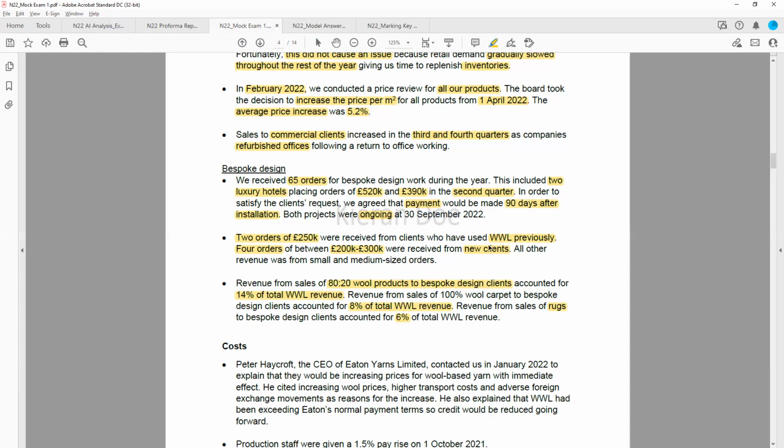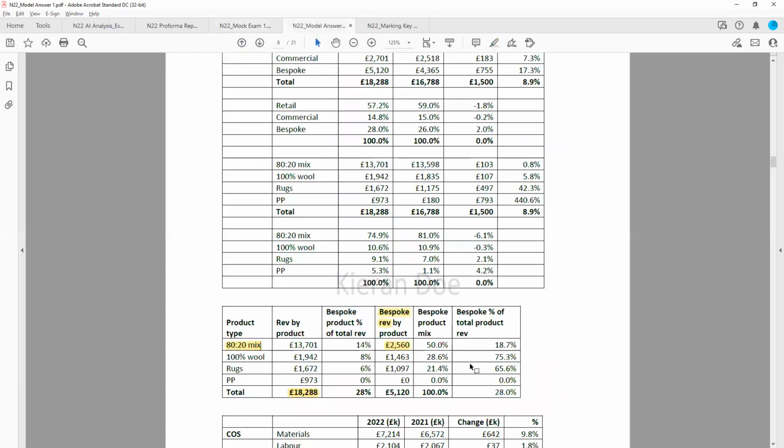And then we can do the same thing for wool. So sales of 100% wool to bespoke design clients accounted for 8% of total WWL revenue. So let's take 8% of that revenue. That tells us how much 100% wool to bespoke design clients.